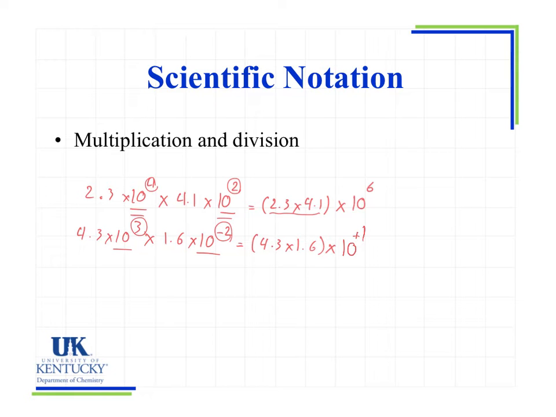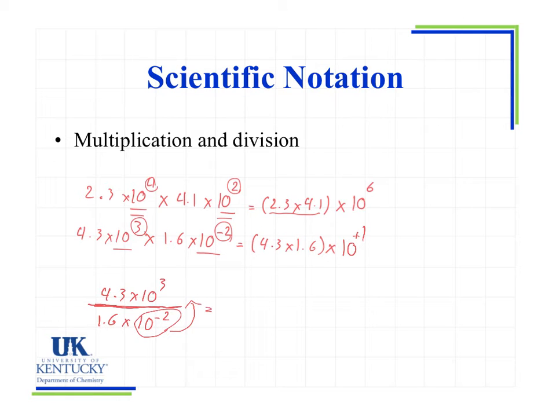Okay, if you have a division, so let's think about a division like in a ratio form. Let's have these two same numbers, so 4.3 times 10 to 3 and 1.6 times 10 to negative 2. So you have to know this, that if you move something like the 10 to the top, you flip the sign.